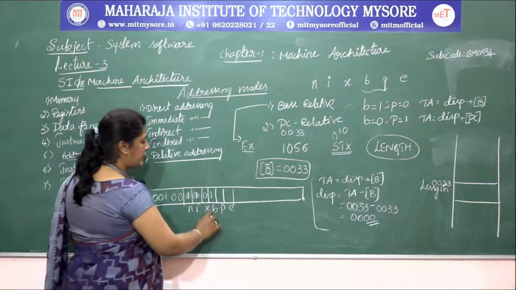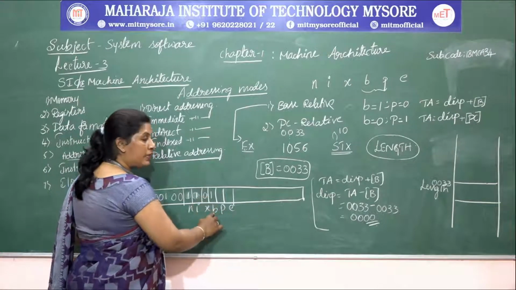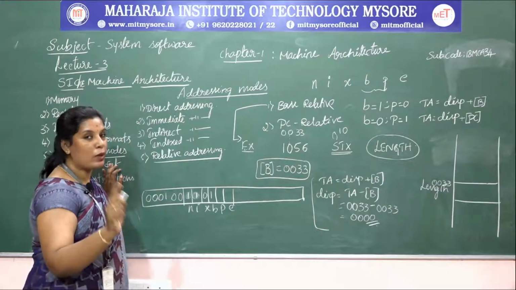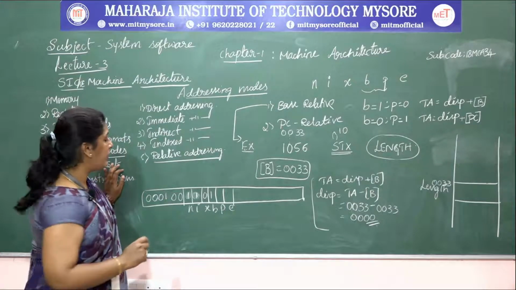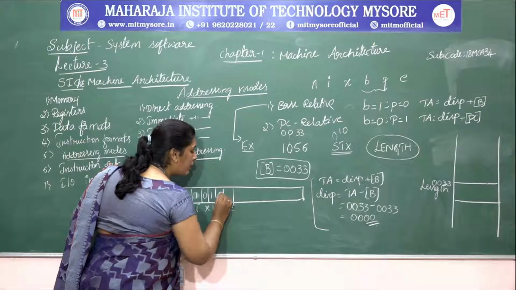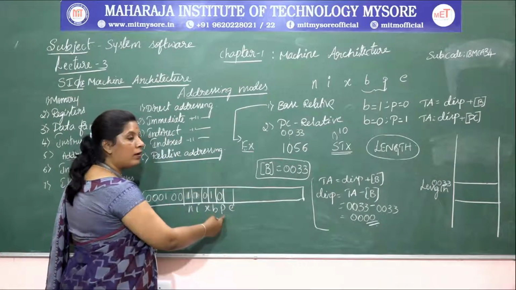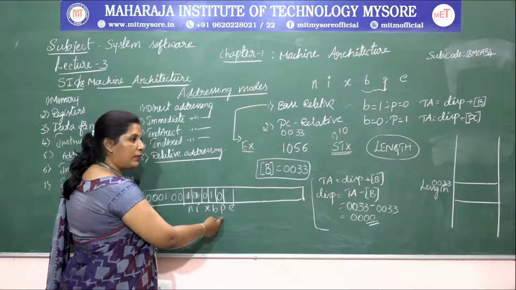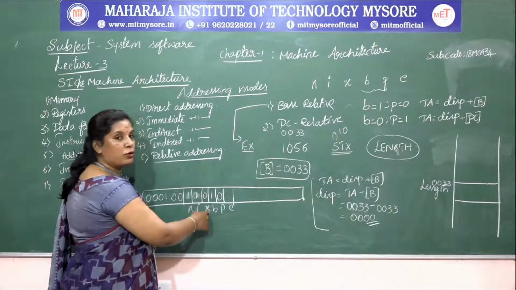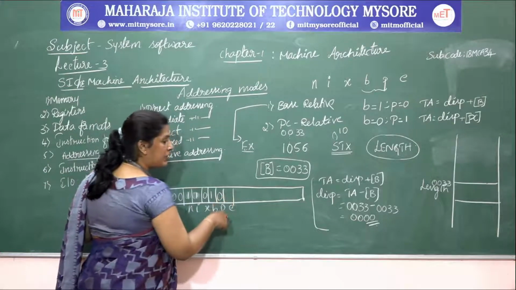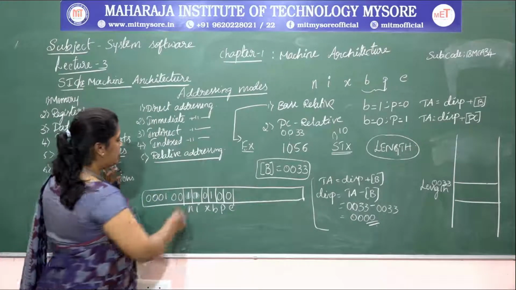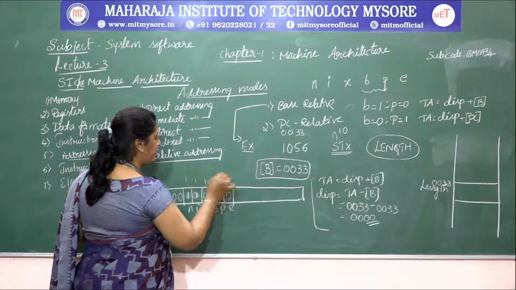So here the X bit should be 0. For this instruction the program counter relative is not possible, so it will go with base relative addressing mode. So the B bit should be 1 and the P bit should be 0. When the P bit is 1, then the B bit should be 0. Now since it is format 3, the E bit should be 0. These are 1 bit each.